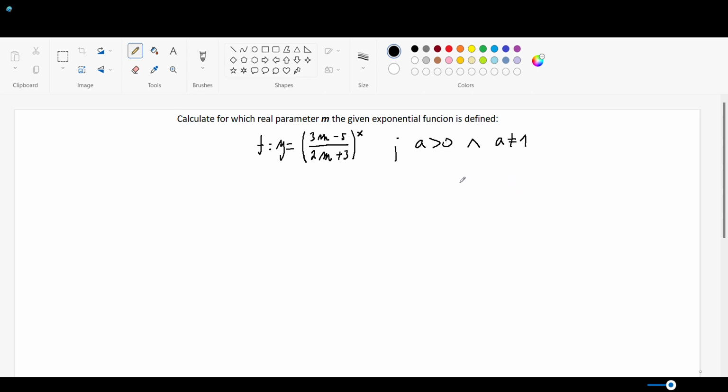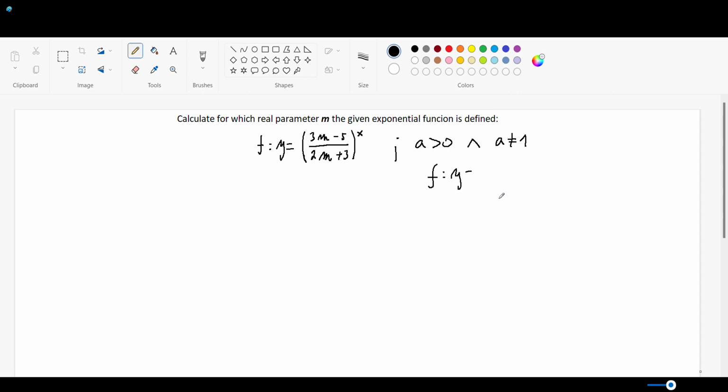Let me just remind you very quickly that any exponential function is defined with the equation y equals a to the power of x, where a is the base and x is the exponent.